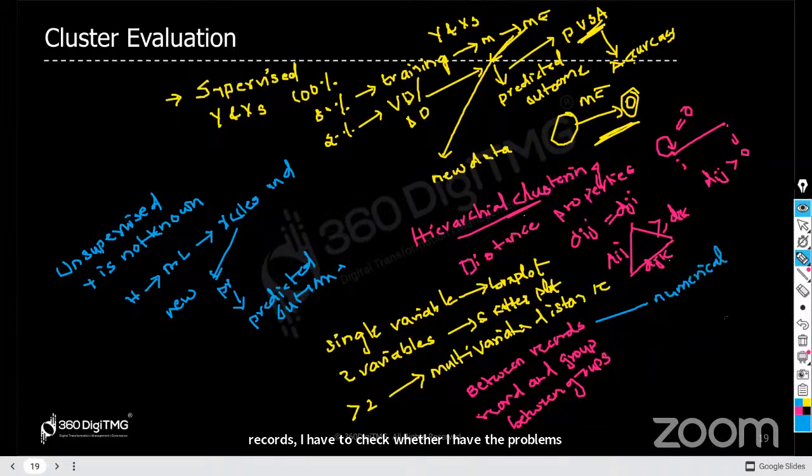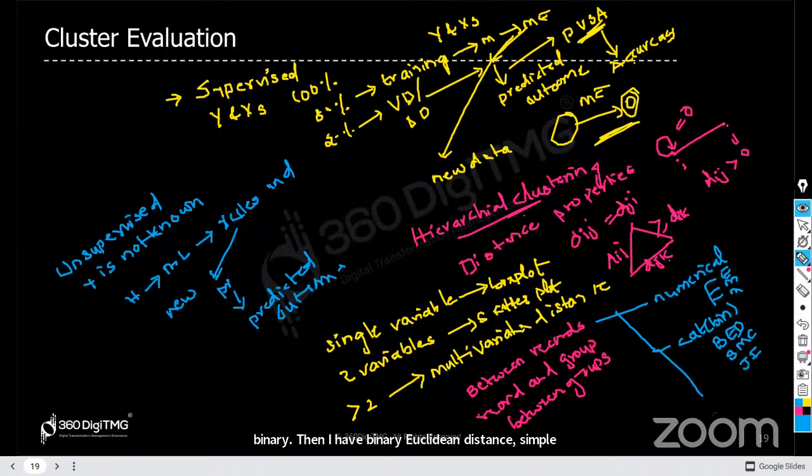If they are numerical, I have Euclidean distance, Manhattan distance, and Mahalanobis distance. If the columns are categorical and binary, then I have binary Euclidean distance, simple matching coefficient, and Jaccard's index.